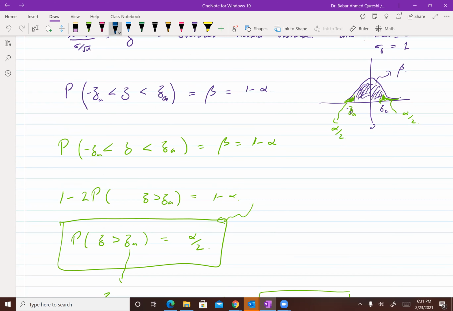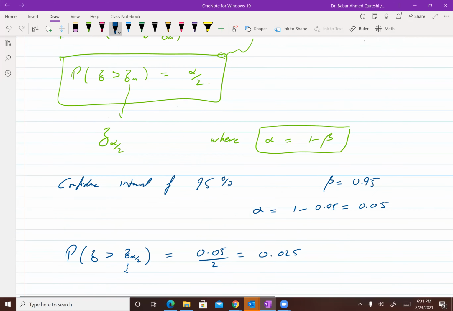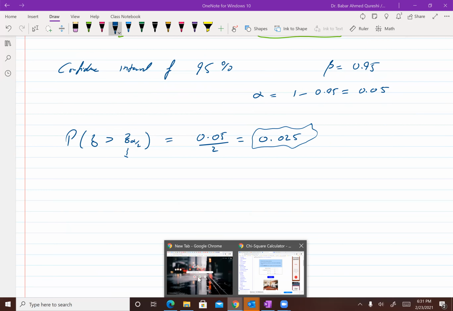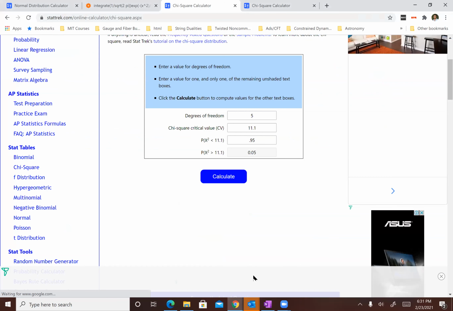All I need is to get this number, because this will give me the size of this interval. So for example, for a 95% confidence interval, alpha equals 0.05, alpha by 2 equals 0.025, and I can just compute it, going to this calculator.